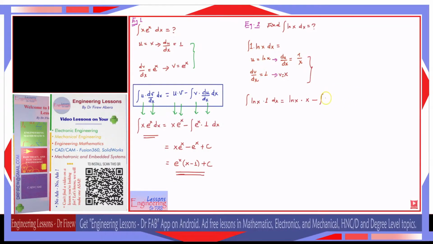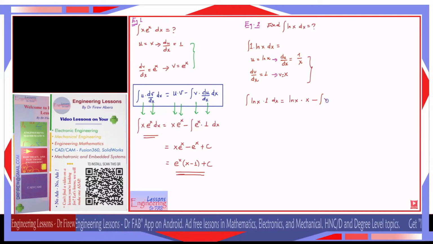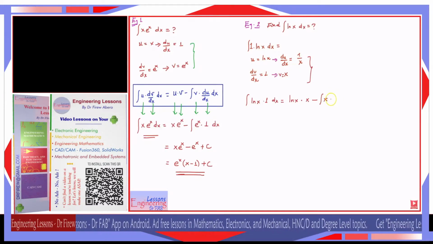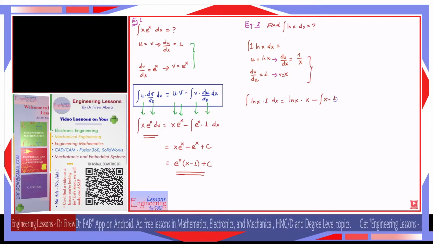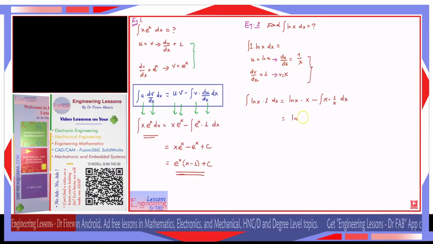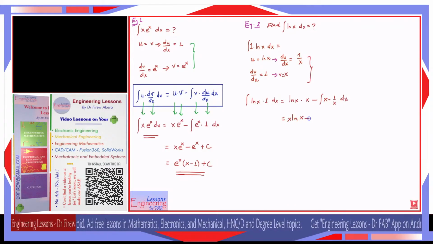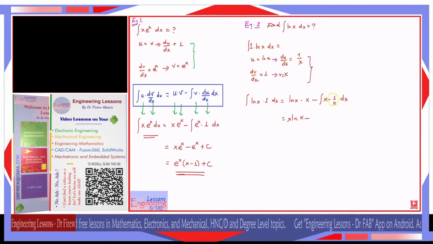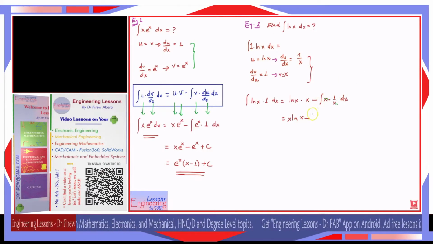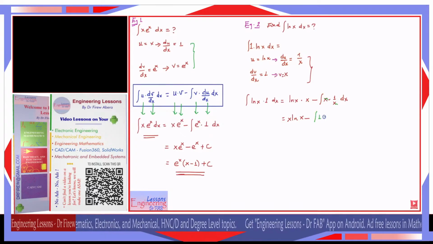So the integral of x times 1 over x dx. Okay, that will divide and we'll have the integral of 1 dx.